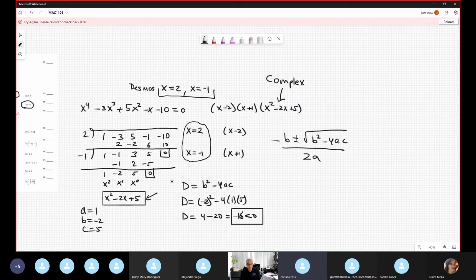So b is negative 2, so 2 plus or minus the square root of the discriminant, negative 16, over 2 times 1. This is 2 plus or minus 4i over 2, and you split the common denominator as 1 plus or minus 2i.